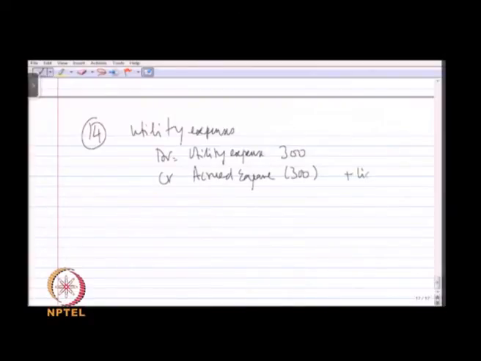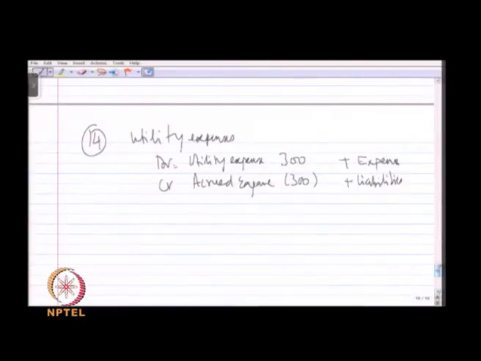So, liability, this one is an expense. Suppose I paid it, then again the credit will be cash 3000 minus asset, but I am just trying to give you different combinations.